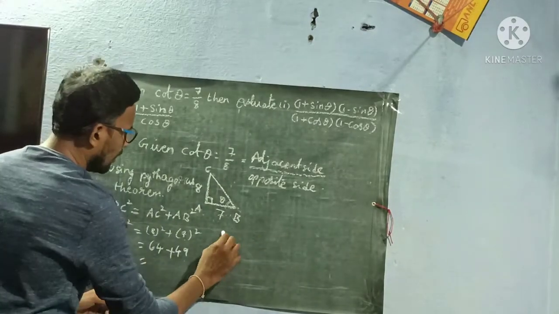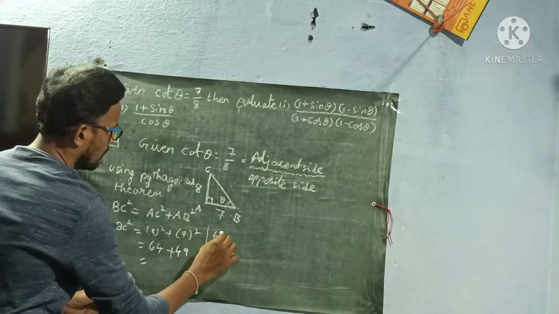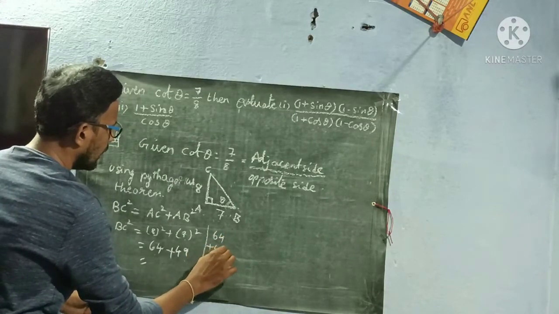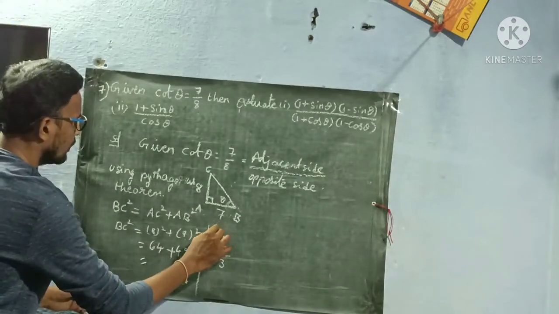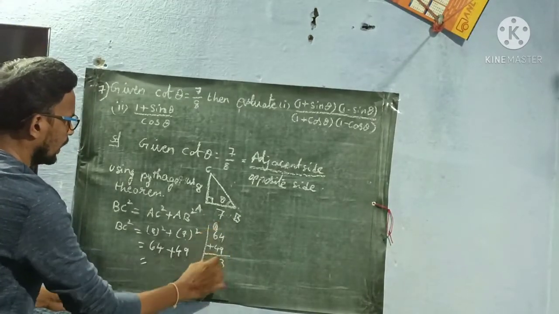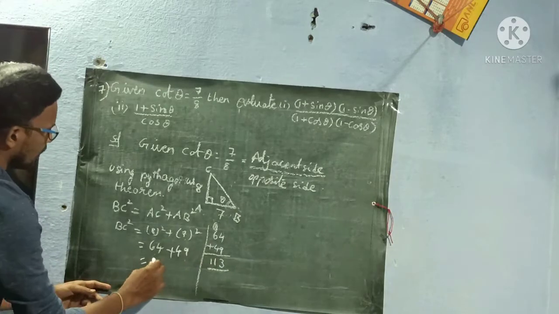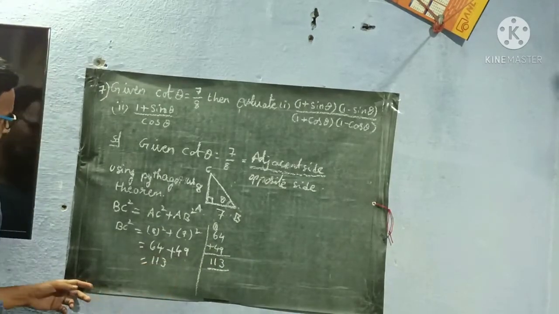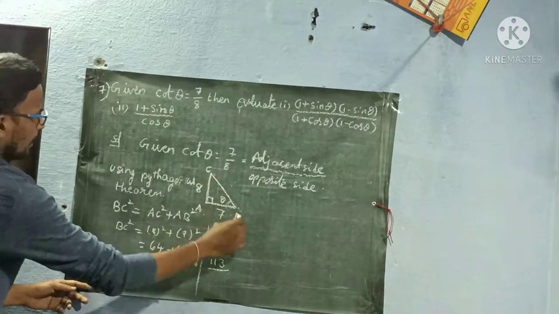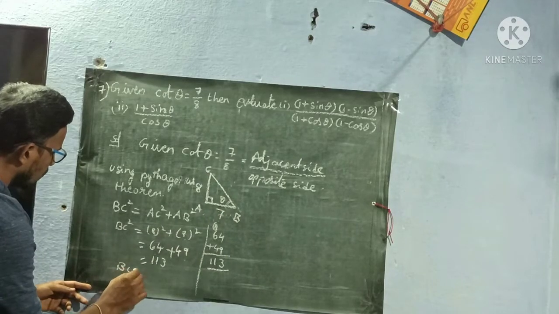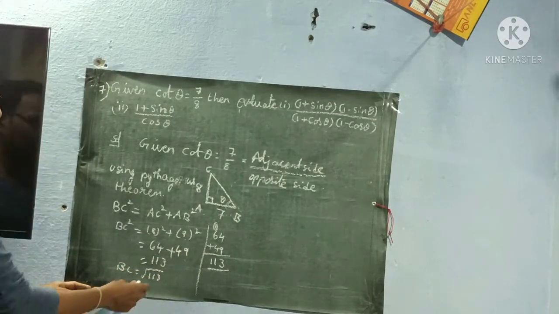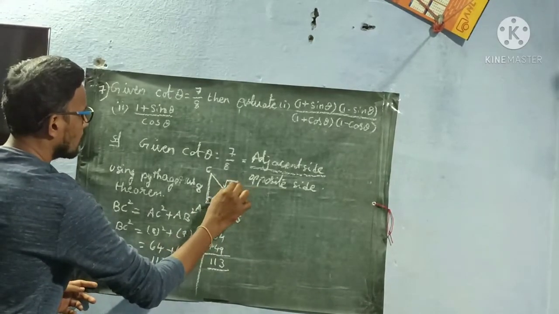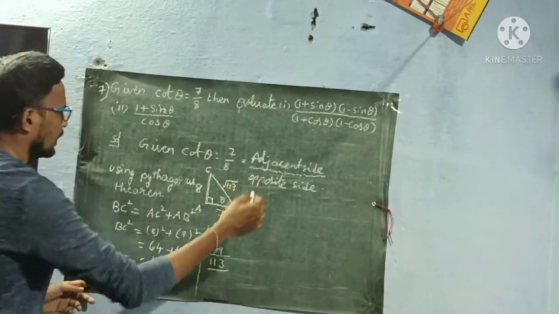Here only I will add: 4 plus 9 is 13, 6 plus 4 is 10, 10 plus 1 is 11. So that is equal to 113. But I want the hypotenuse BC, so BC is equal to square root of 113. So we got BC as square root of 113.